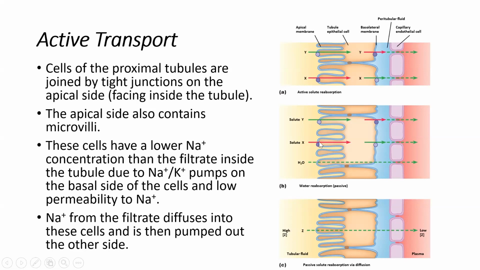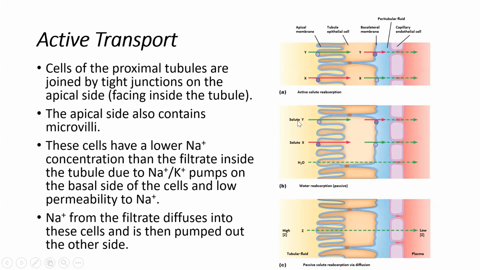So we know that the cells have a lower sodium concentration than the filtrate. And so due to the sodium potassium pump, so remember this is a typical epithelial cell, we've got a sodium potassium pump along the basolateral membrane that is pumping sodium out and potassium in. And so we have less sodium inside the cell than we do inside the tubule.